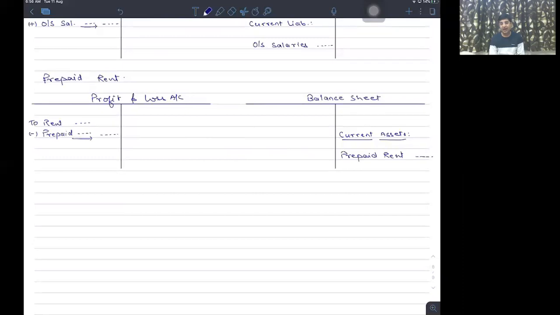If there was any outstanding or prepaid at the beginning, the effects of that will be reversed. क्यों? मान लो कोई अमाउंट हमने पिछले साल में इस साल के लिए पे कर रखी थी. मतलब क्या हुआ? पिछले साल में प्रीपेड था, इस साल में वो एक्सपेंस हो जाएगा या नहीं? Therefore, such prepaid at the beginning will be added to the current year expense.